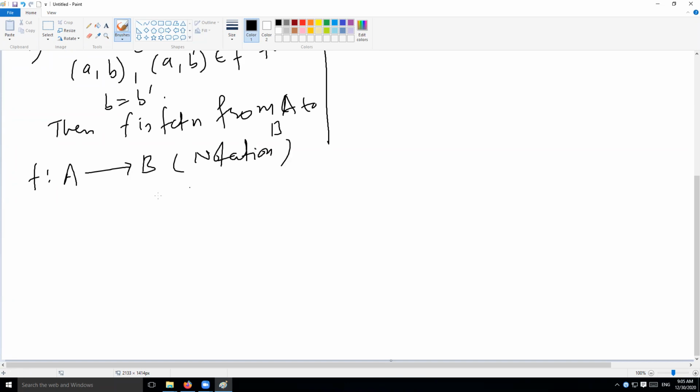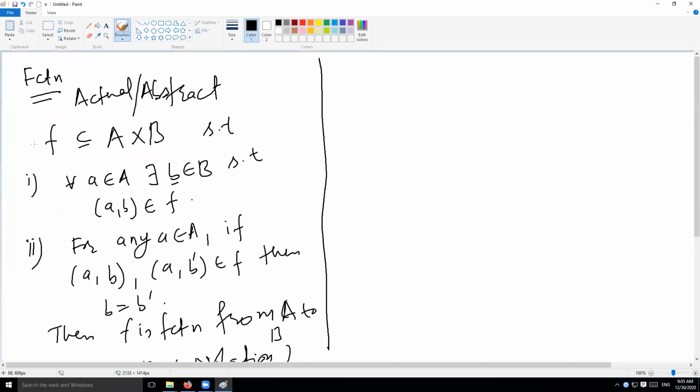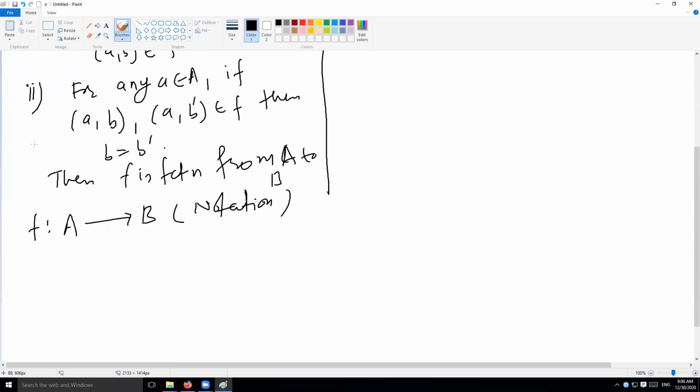That's a symbol to say that f is a function from A into B in the above sense that I have described here. Okay. And the notation for a and b being in relationship f is the same as b equal to f of a. So rather than writing this, we will often write this.